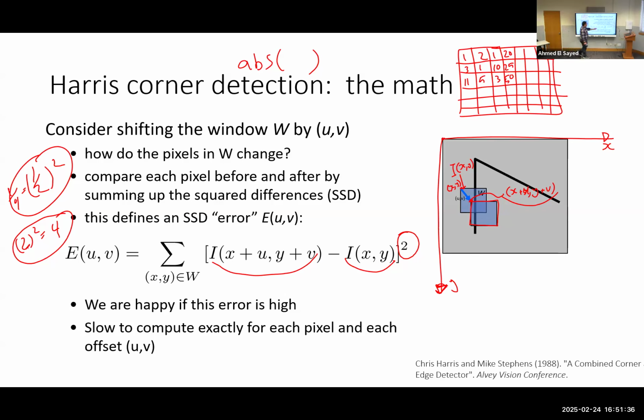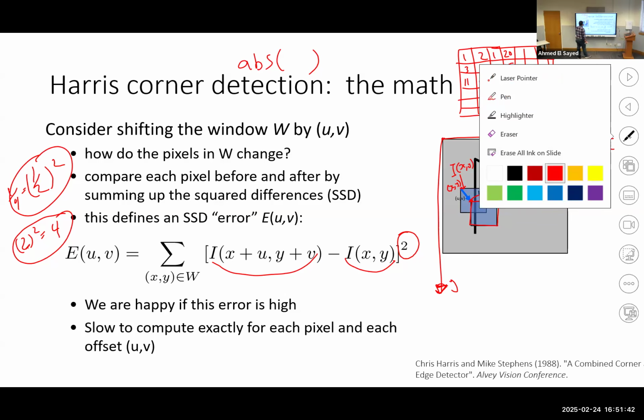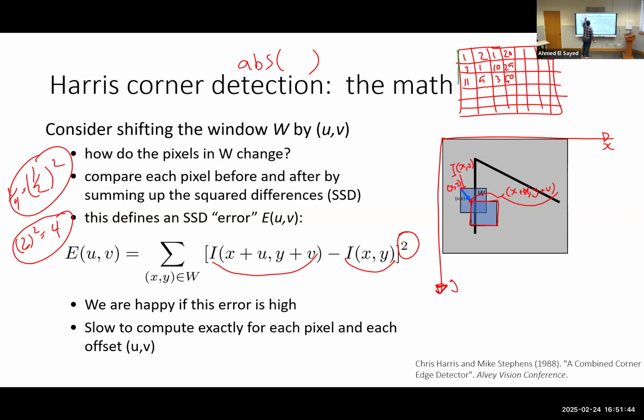I decided to make this window a 3 by 3. In this case, the initial window will be this. Then I will shift this window with a value of U and V. Again, U and V can be any positive value, bigger than or equal to 0. Let's shift it with 1 pixel for U, 1 pixel for V.